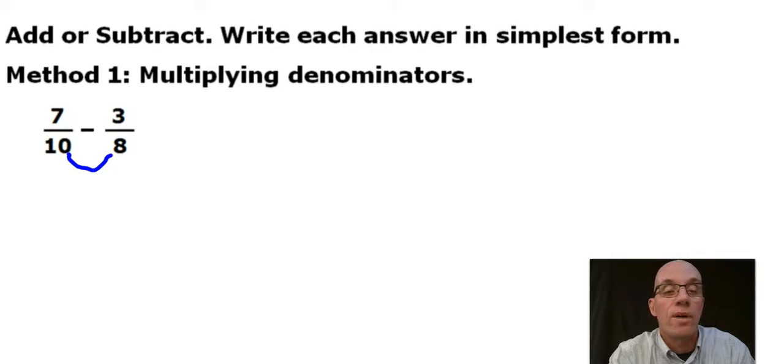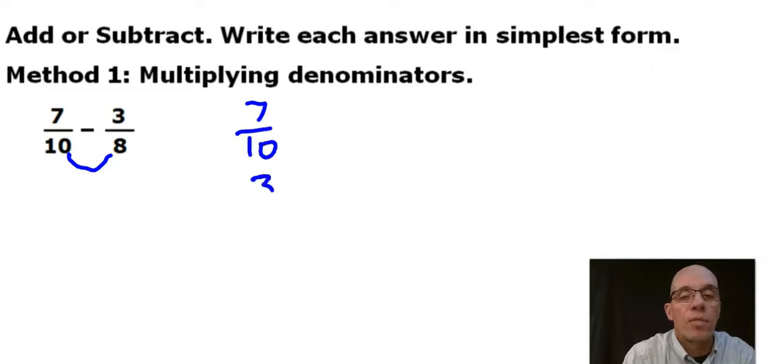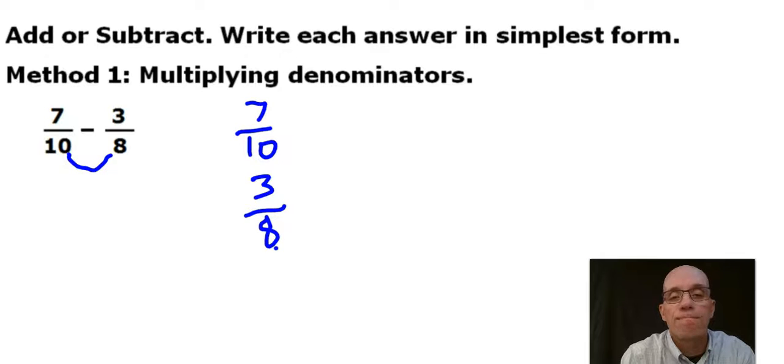If we multiply 8 times 10, that comes out to 80. We know 8 goes into it and 10 goes into it, because we just multiplied those two factors together to get 80. This is subtraction, so the first number has to go up top if we're stacking them. And then 3/8 will go on the bottom. We multiplied 10 times 8 to get 80, so we're going to change these so that I have 80 on the bottom.